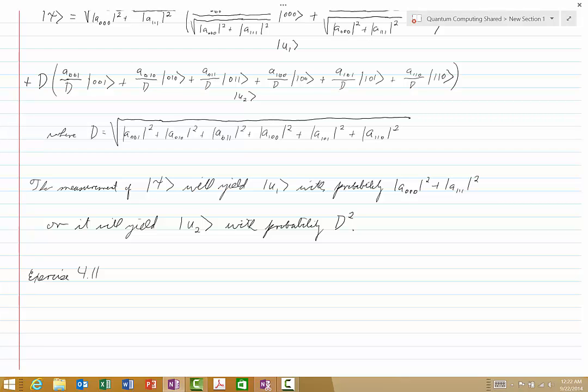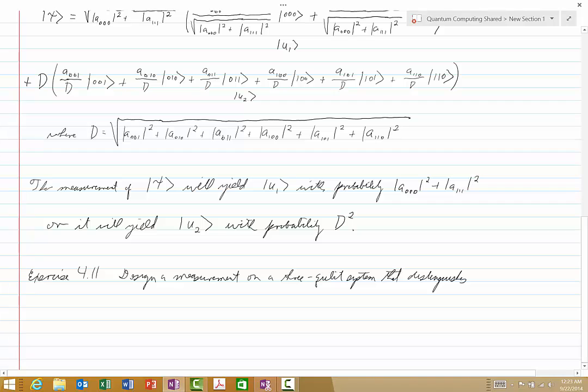It says design a measurement on a 3-qubit system that distinguishes between states with different numbers of 1 bits, and gives no other information.